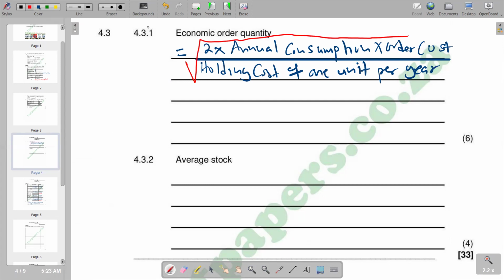But from there we can try to find the figures. We are saying 2 times annual consumption. We check for annual consumption in the information given.